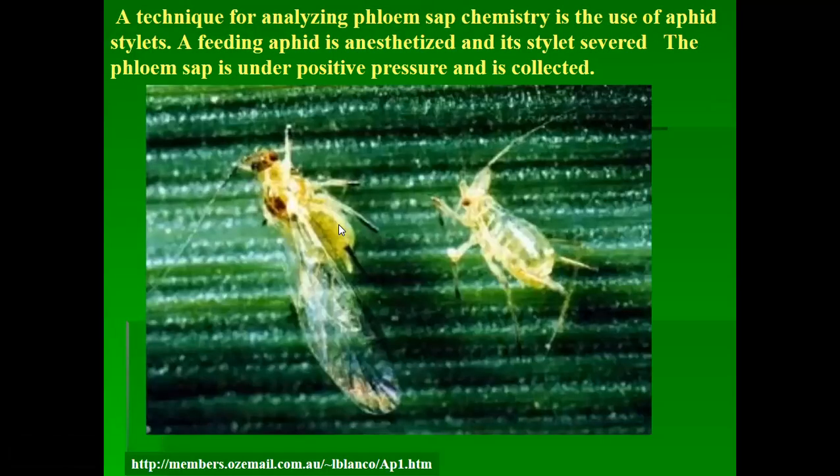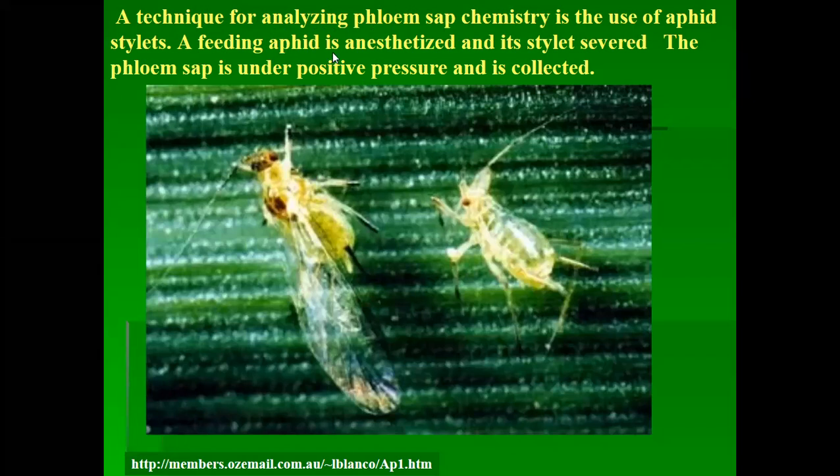So first, let us identify how the tissue helps translocation. It is the phloem. How do we identify the phloem? A technique for analyzing phloem sap chemistry is the use of aphid stylets.